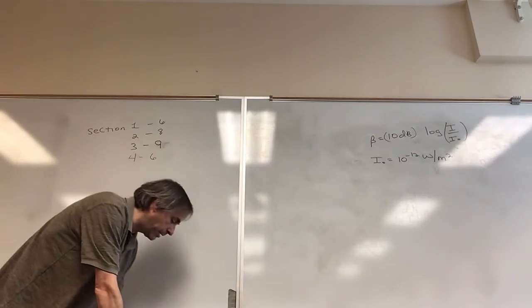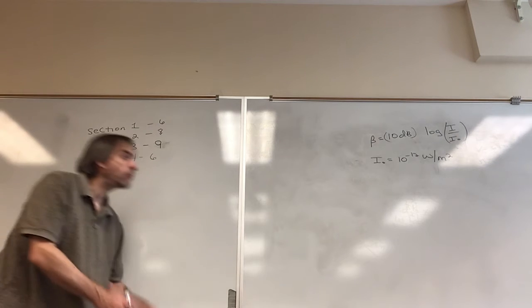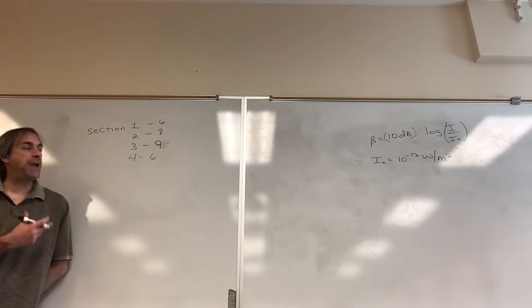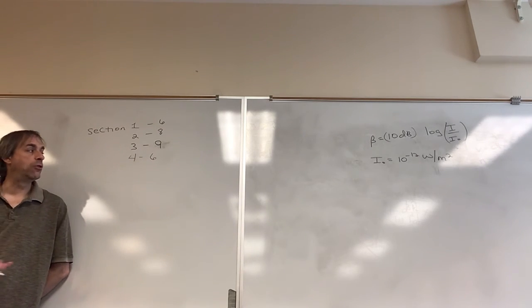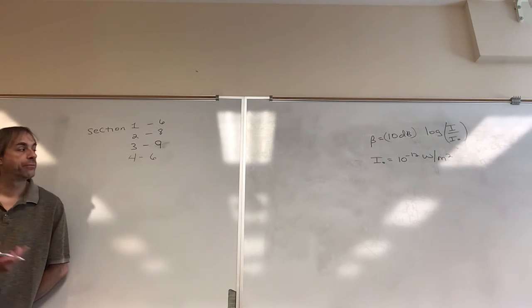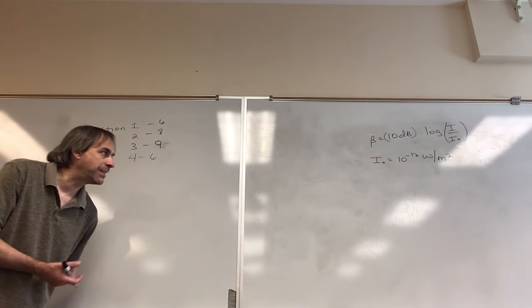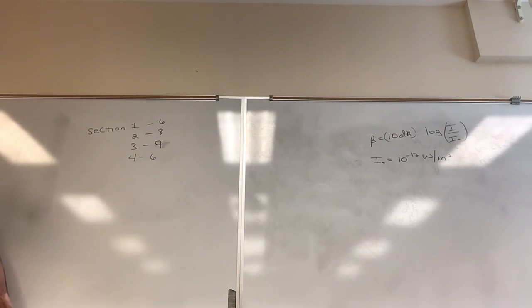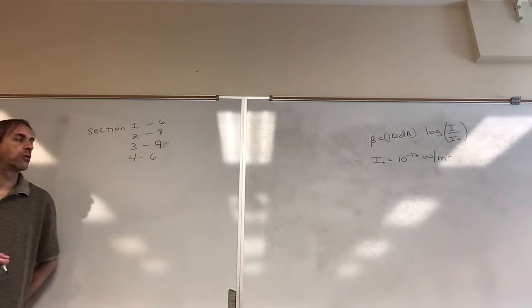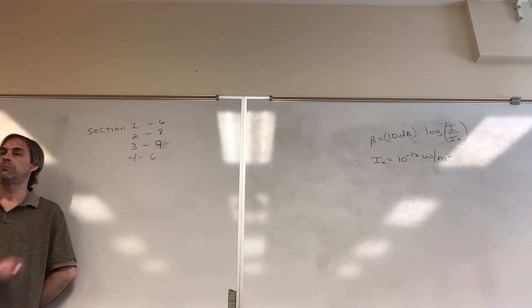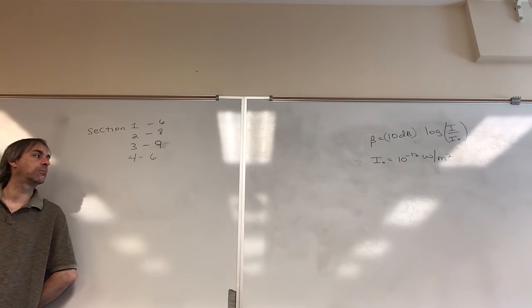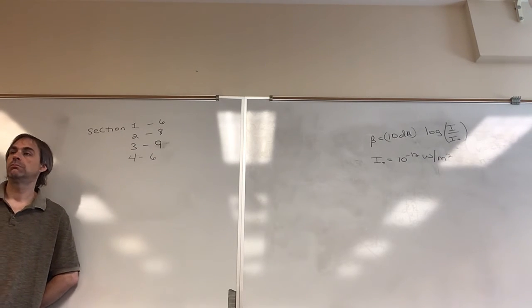Those are the basic SI units. And beta is the decibel level, measured in decibels. And I naught is the lowest sound that a typical person can hear, which is 1/1,000,000th of a watt per square meter. So it's an amazingly small number. Your ears are pretty amazing at detecting sounds.